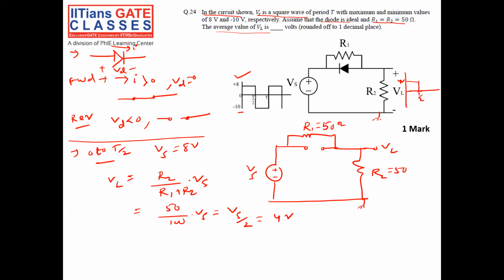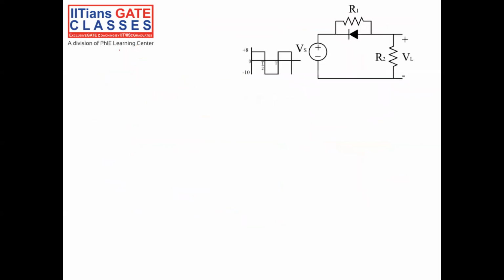Let's see from T by 2 to T. In this case Vs is equal to minus 10 volt. Since I have minus 10 volt and minus is applied to the cathode, it will be forward bias.